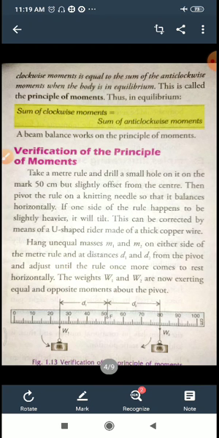Both w1 and w2 act vertically downward, but one must be clockwise and the other anti-clockwise. Here w1 is anti-clockwise and w2 is clockwise. When it is balanced, the sum of the clockwise moments is equal to the sum of the anti-clockwise moments; only then is it possible, otherwise it is not.